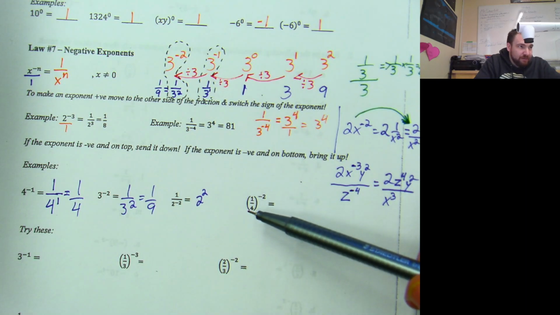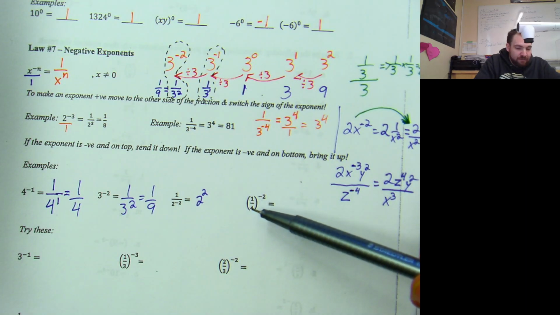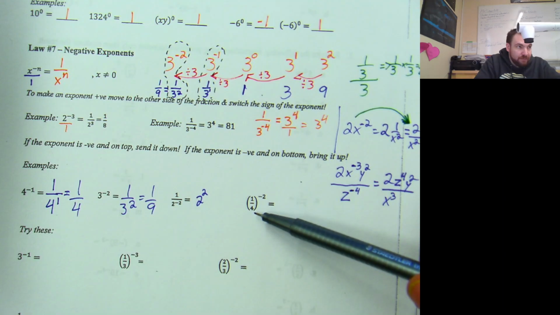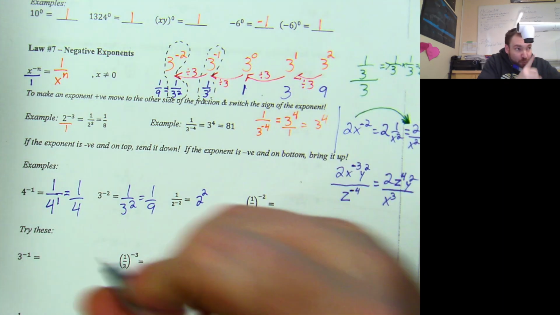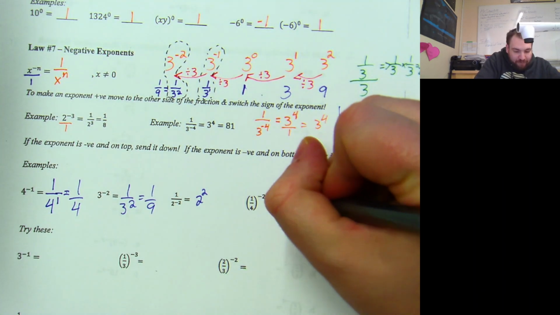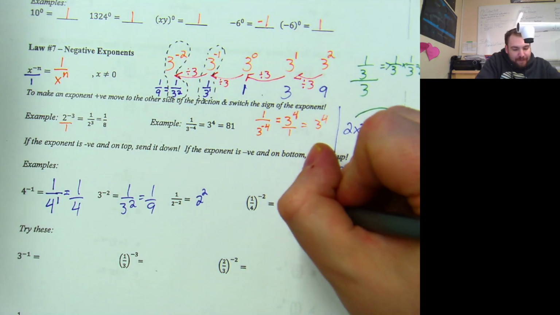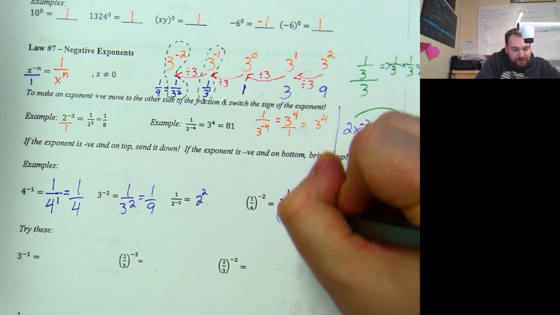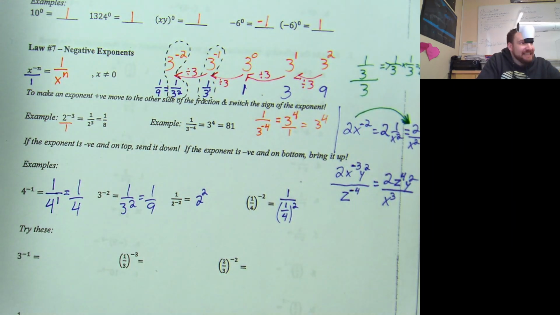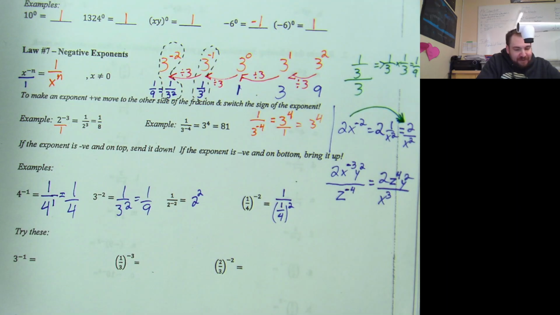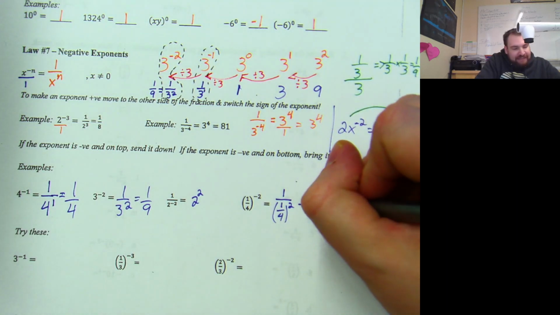Okay, so what do I do with this? Harwin. So what you're asking is this 1 over 4 squared? Technically that's correct, but now I'm dividing by a fraction and we don't like that.